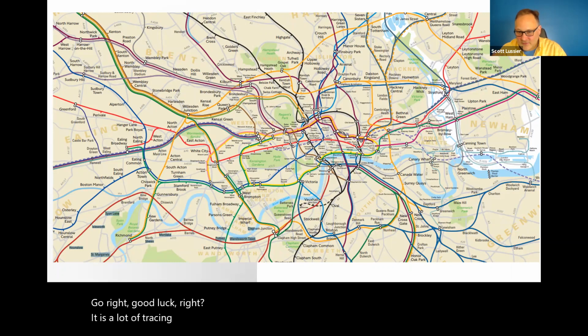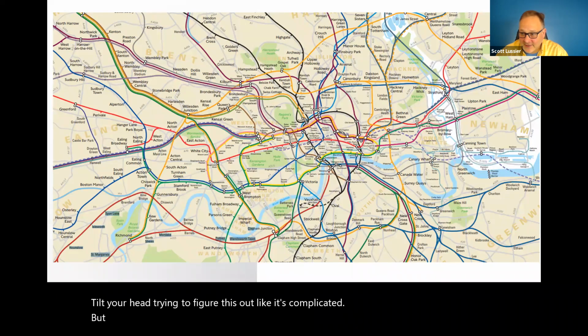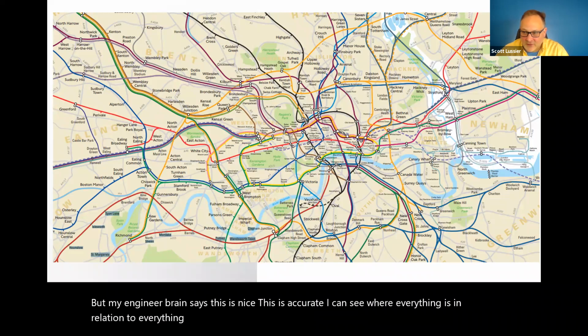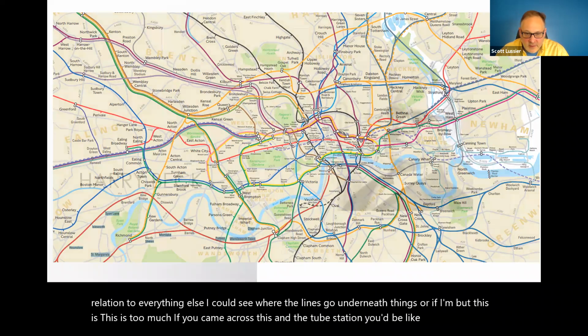There's a lot of tilting your head trying to figure this out. Like, it's complicated. But my engineer brain says, "Oh, this is nice. This is accurate. I can see where everything is in relation to everything else. I can see where the lines go underneath things, but this is too much." If you came across this in the tube station, you'd be like, "Wow," overwhelmed, right?